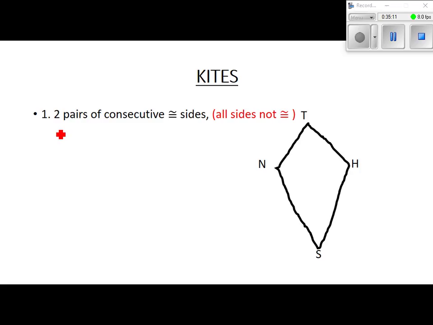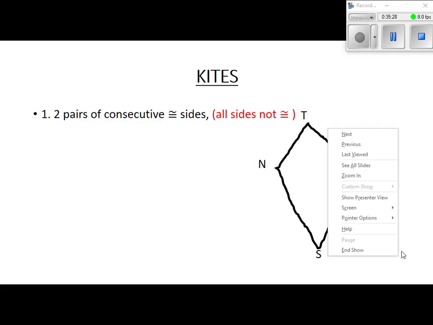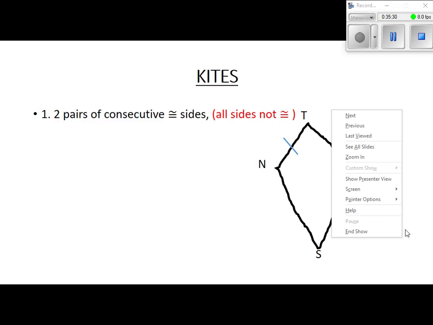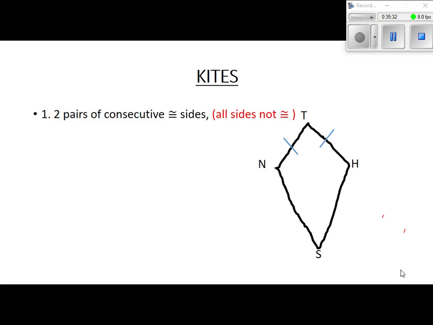And all that means is if I take the congruent sides and I cut the kite, not in half, but right here, these 2 sides are congruent, these 2 sides are congruent. So I can cut it to where the congruent sides stay together.